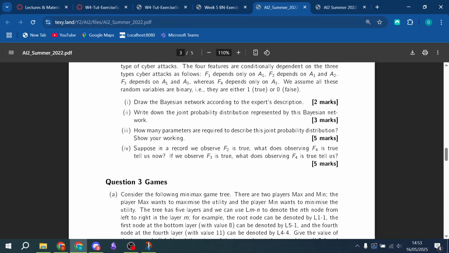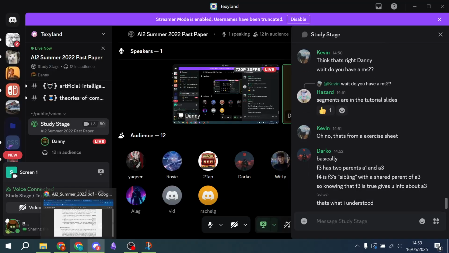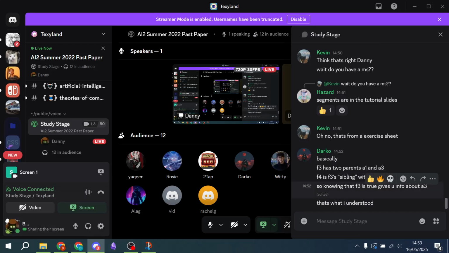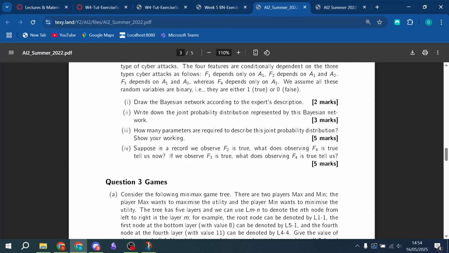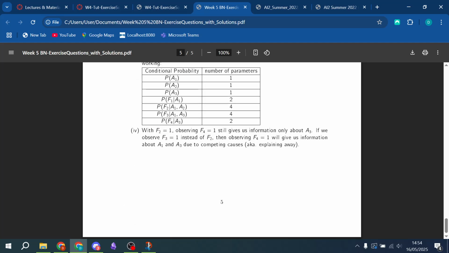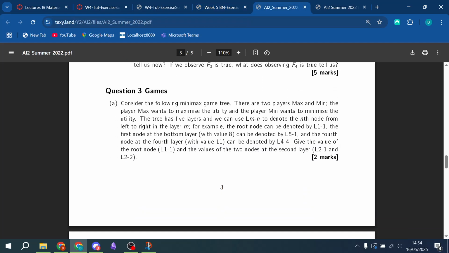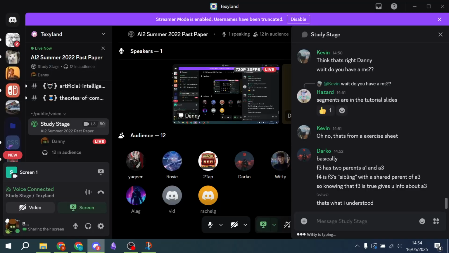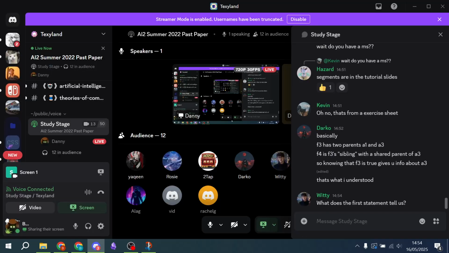I forgot if there was another session on this worksheet, but there might have been. So I might just be covering stuff that was already done. I don't know. Yeah. What am I doing? Sorry.